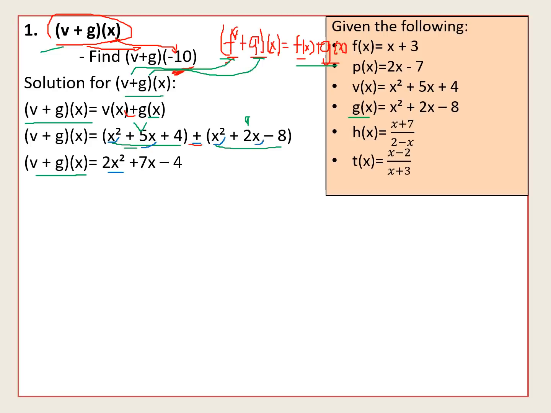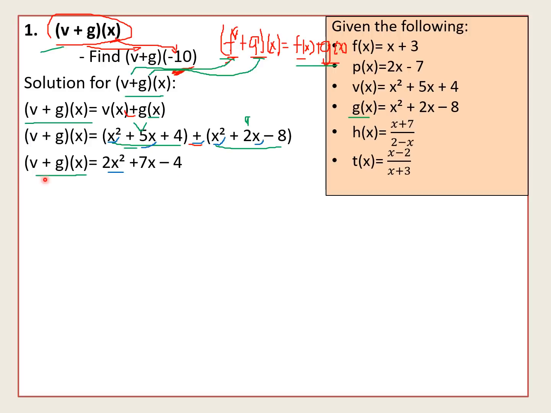So, we have to perform. So, 5x plus 2x is equal to 7x. Then, ito yung pinakahuli, yung constant terms. 4 plus negative 8. And 4 plus negative 8, it would be negative 4.